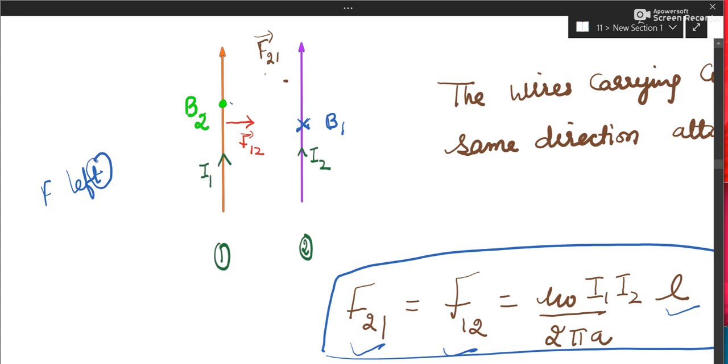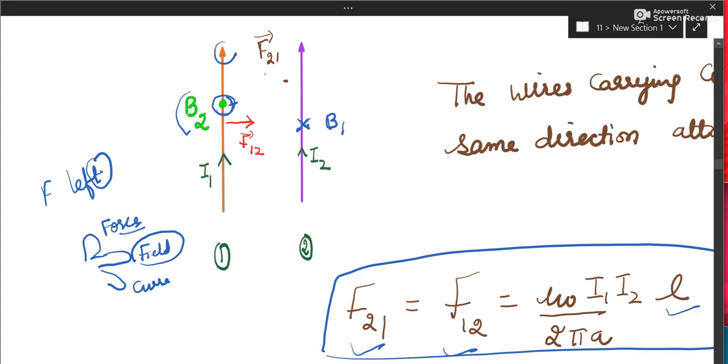Take your left hand. Okay, B2 is outward. Dot means outward. So your first finger is of field, second finger is of current, and thumb is of force. So first finger should be towards the roof. Second finger should be along this arrow.